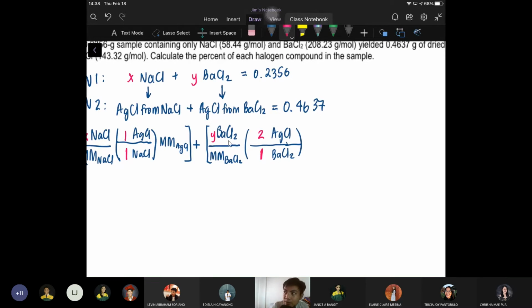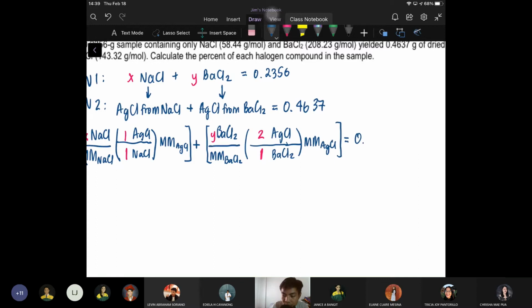So this will give us the moles of barium chloride. Multiplying it by this will give us the moles of silver chloride na. Nasa mole na tayo ng silver chloride. Then para makuha mo yung mass, which is needed dito sa equation na to, mass ng silver chloride, I multiply it by the molar mass.